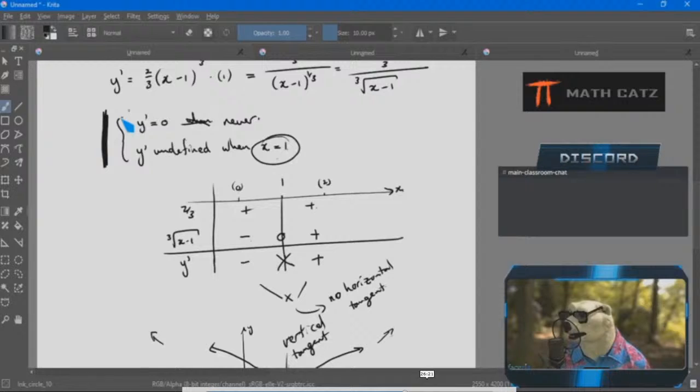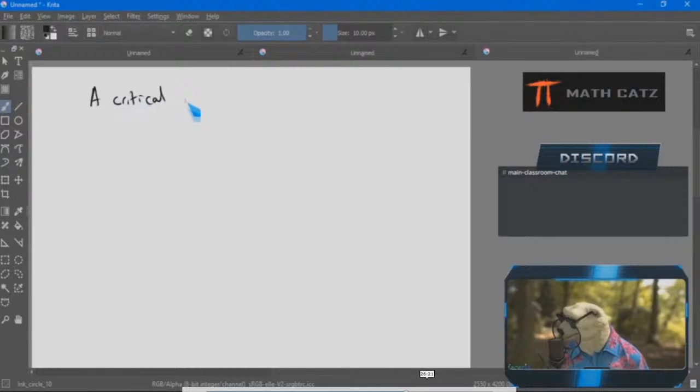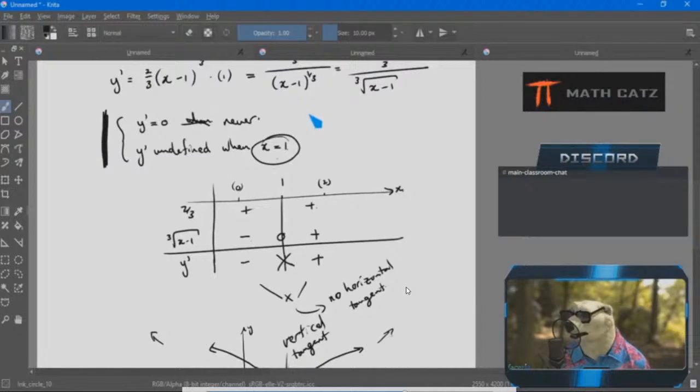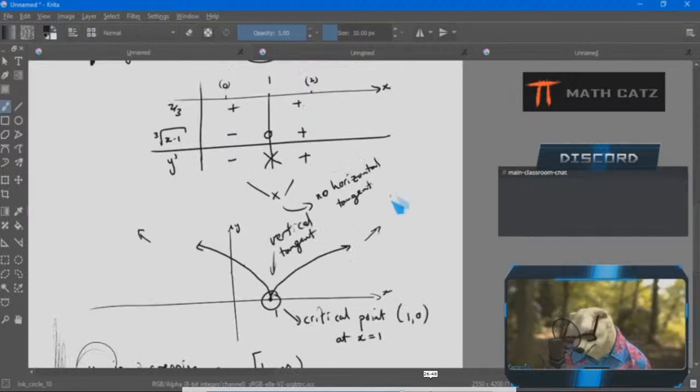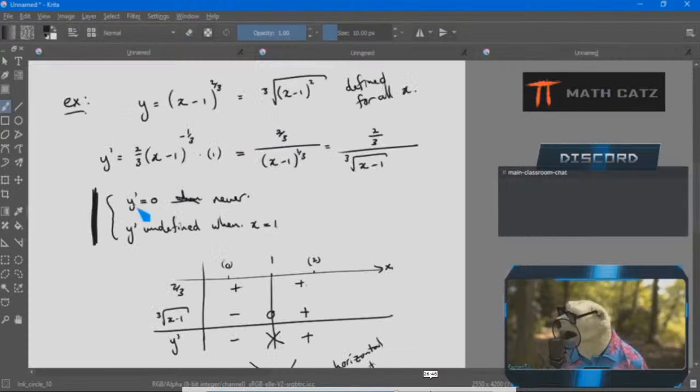Y to the 1/3. This was our last example, wasn't it? Which one? The x minus 1 to the 2/3. The derivative.